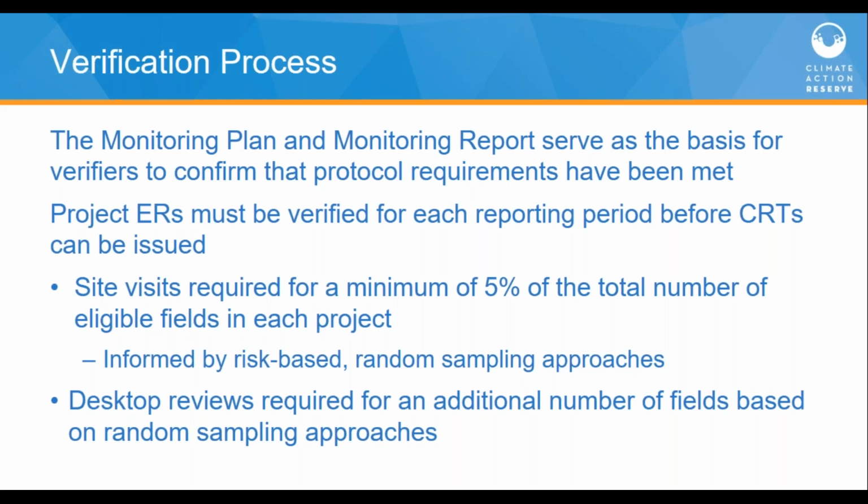For site visits, a minimum of 5% of the total number of fields in a project are required, informed by risk-based random sampling approaches. An additional number of fields will be subject to a desktop review, also based on random sampling approaches.